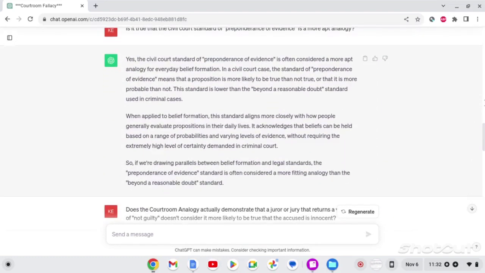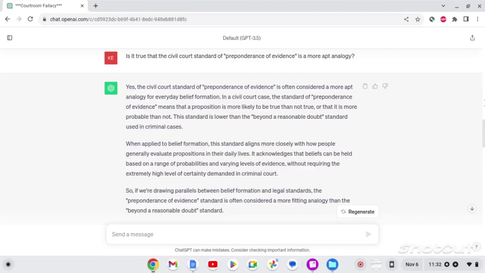I then ask, is it true that the civil court standard of preponderance of evidence is a more apt analogy? And the answer is yes. The civil court standard of preponderance of evidence is often considered a more apt analogy for everyday belief formation. In a civil court case, the standard of preponderance of evidence means that a proposition is more likely to be true than not true, or that it is more probable than not. This standard is lower than the beyond a reasonable doubt standard used in criminal cases.